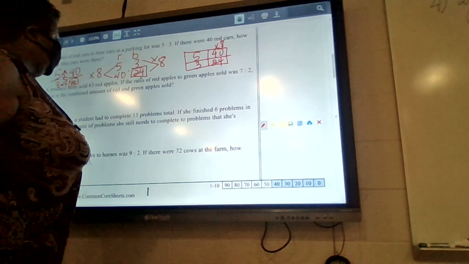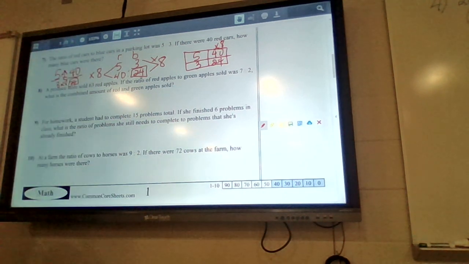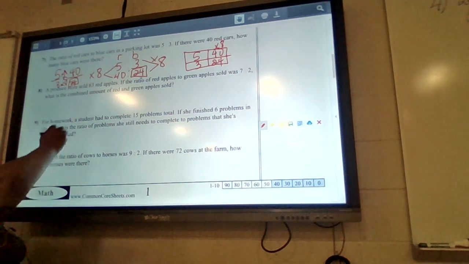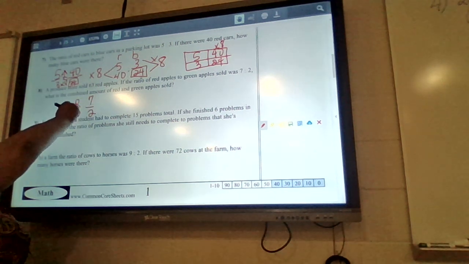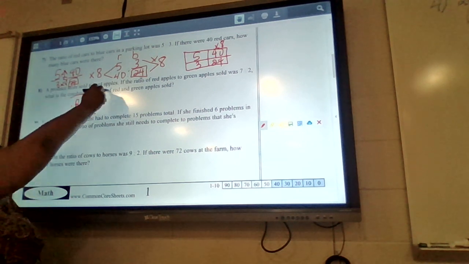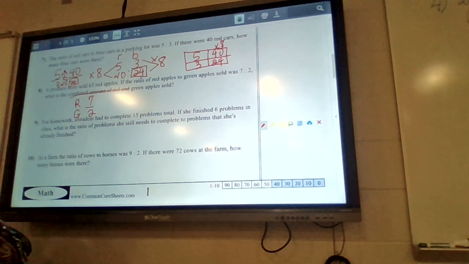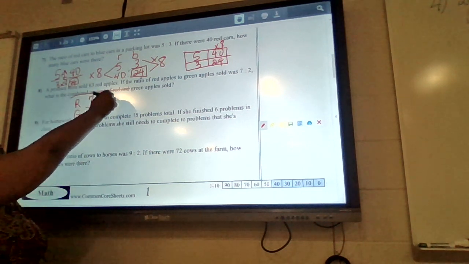Okay, a produce store sold 63 red apples. So the ratio of red to green apples was 7 to 2. I'm going to write it as a fraction, red to green. What is the combined amount? So we want the combined amount. So a store sold, this is red to green, they sold 63.